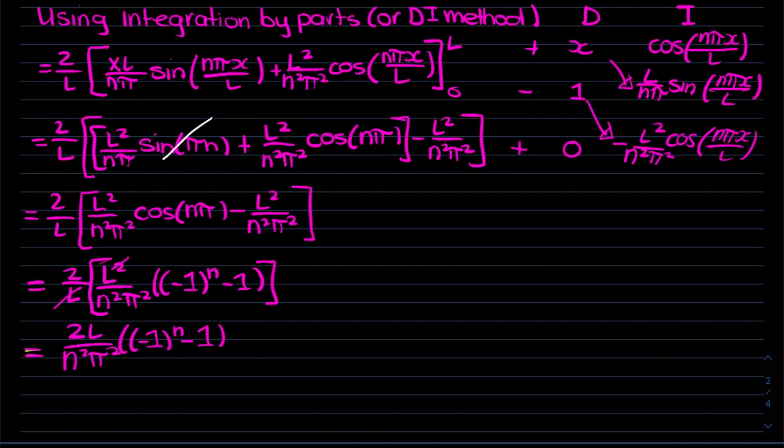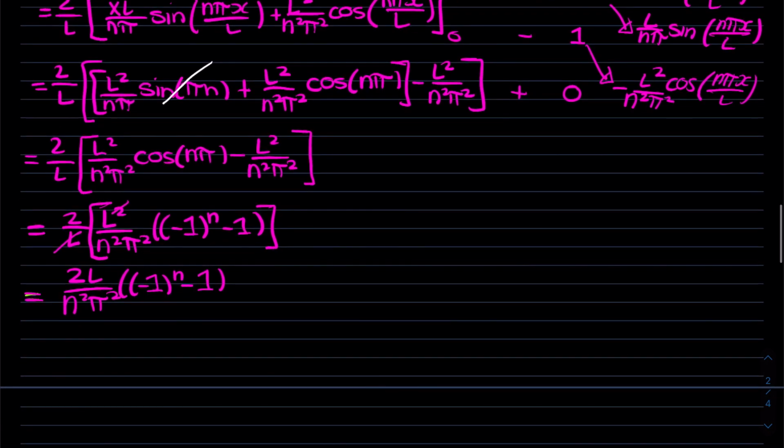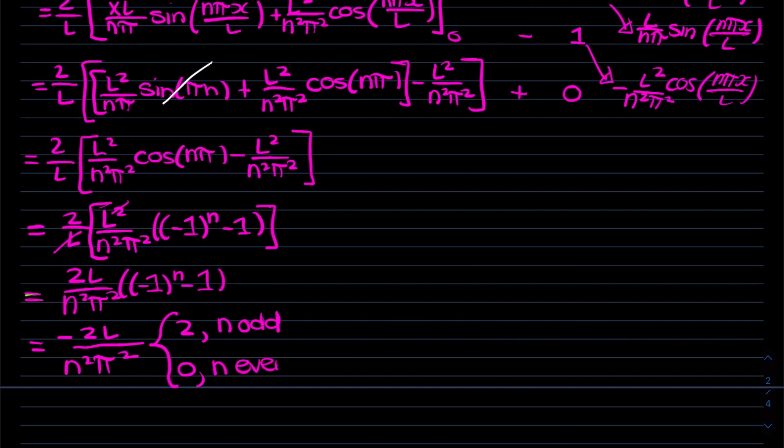And then simplifying that even further, we will get minus 2L over n squared pi squared, and we'll get 2. That's multiplied by 2 if n is odd, and 0 for n being even.